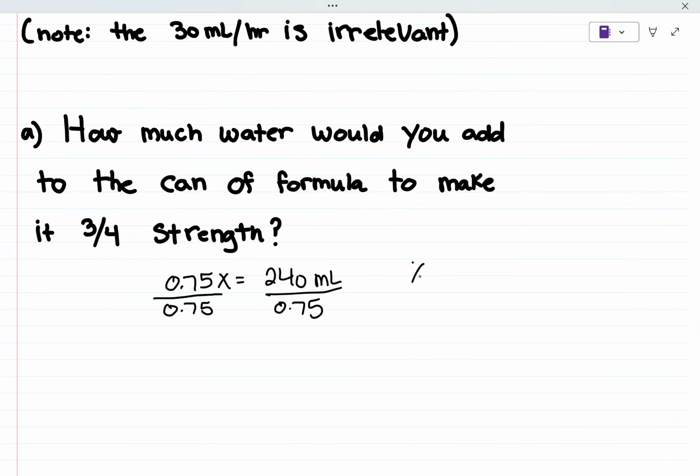So x equals 240 divided by 0.75, which is 320 milliliters of the final volume. Then you do 320 milliliters minus 240 milliliters, and you get 80 milliliters of water.